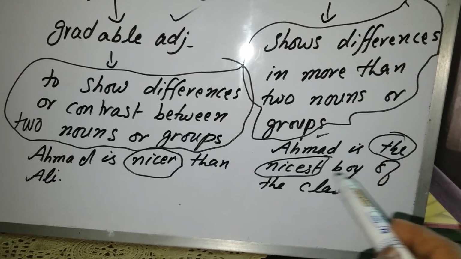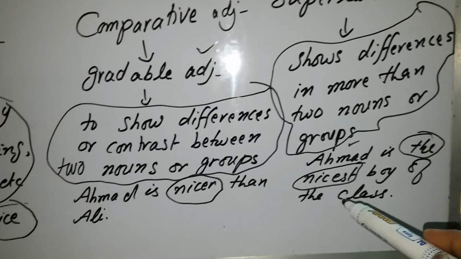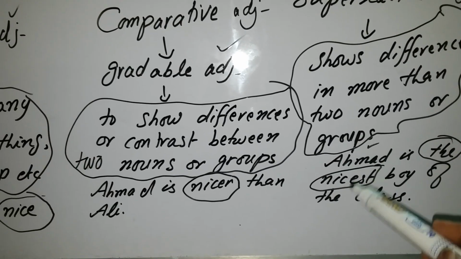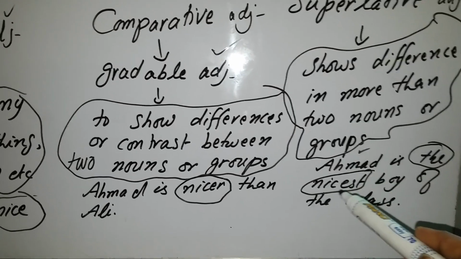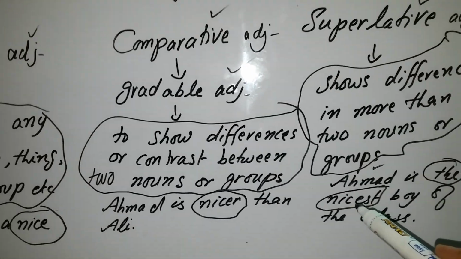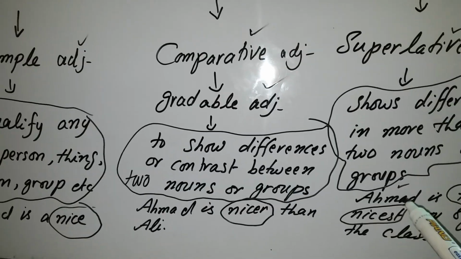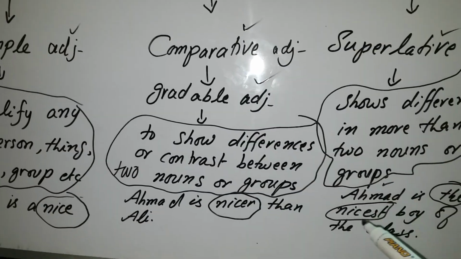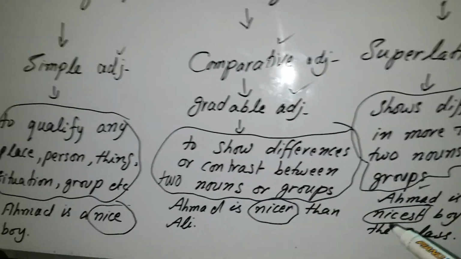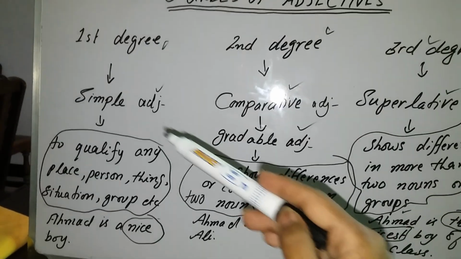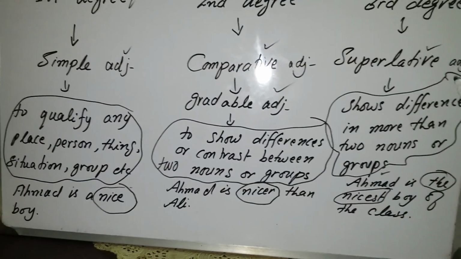Ahmad is the nicest boy of the class. It means in the class there may be more than two students. So we are saying that Ahmad is the nicest. He is the nicest boy of the class. So in this way we can show the differences between more than two people or groups. So in this way we will use the simple adjective, comparative adjective and superlative adjective.